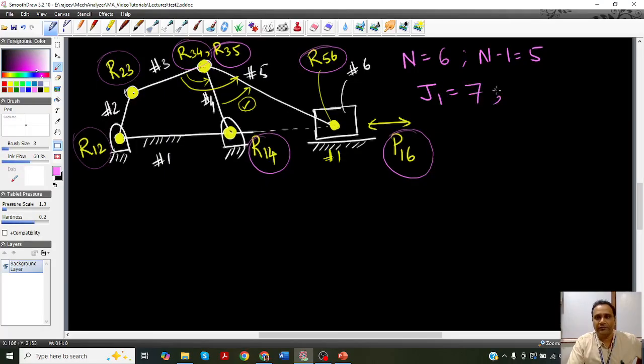Okay, so many a times people miss this out. So J2 is 0. So degree of freedom, again, if you calculate, it will be 1. That means one parameter is required to animate this mechanism.